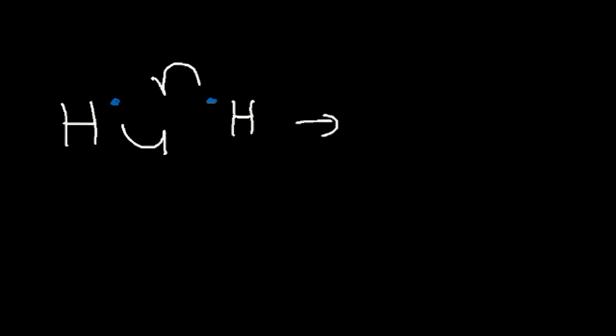Now, in a covalent bond, the electrons are shared. For example, let's say we have 2 hydrogen atoms, each with 1 valence electron. These hydrogen atoms will react in such a way to create a bond. And in this bond, there are 2 electrons.